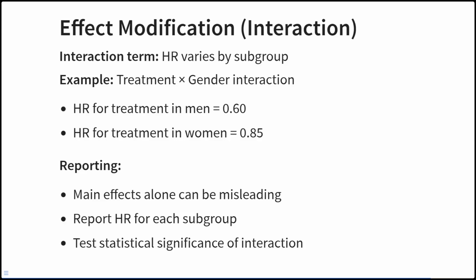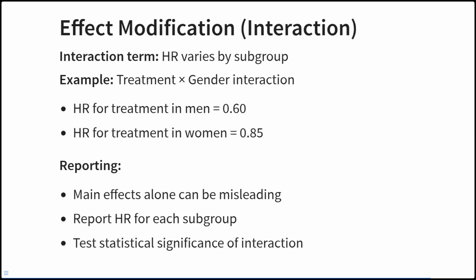Let me put it in this case. In the study you are conducting, you have two treatments, A and B. You now found out that the hazard ratio of those under this particular treatment is higher compared to those under this treatment. Then you try to see how gender affects this treatment.